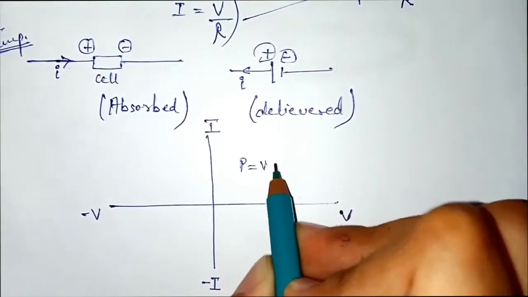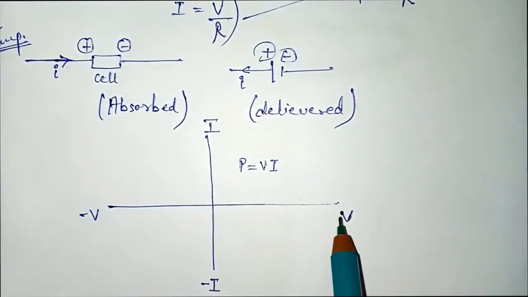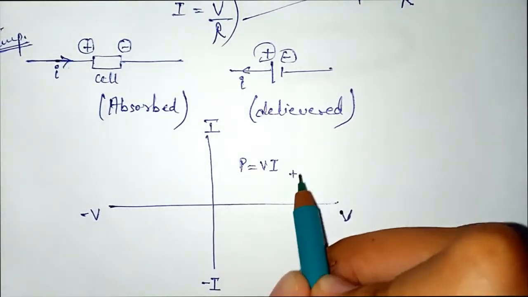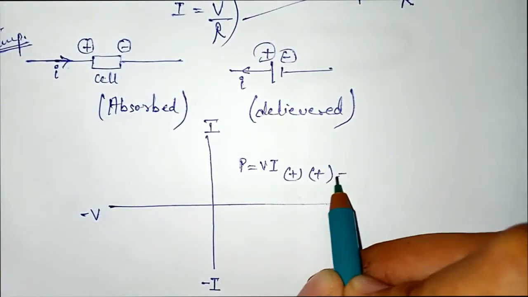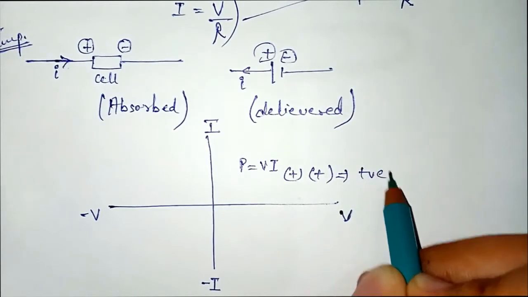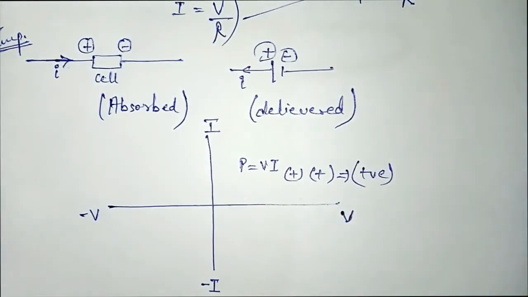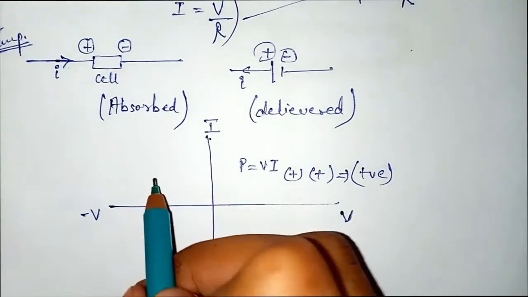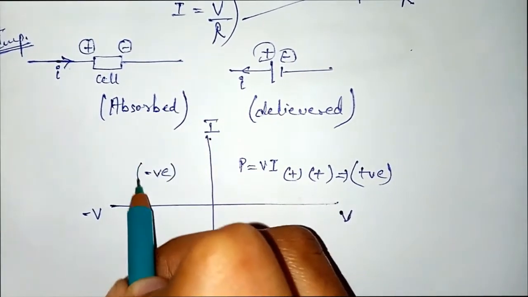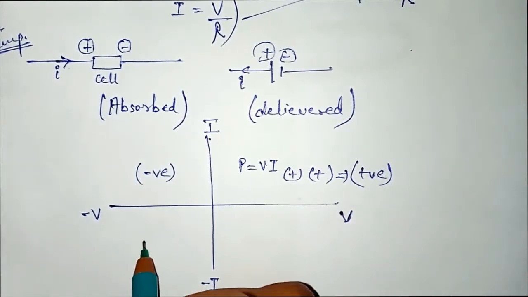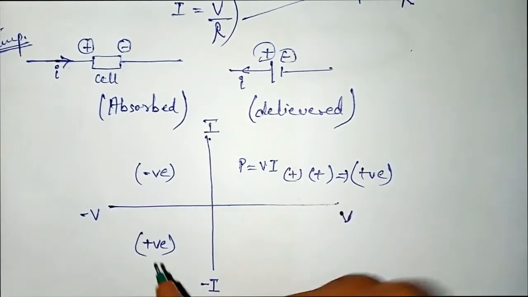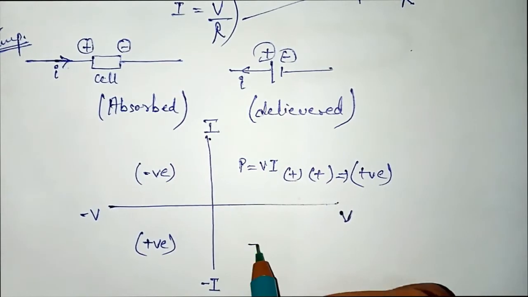P is equal to VI, positive positive, net positive. As similar in second quadrant, positive negative, negative; negative negative, positive; and positive negative, negative.